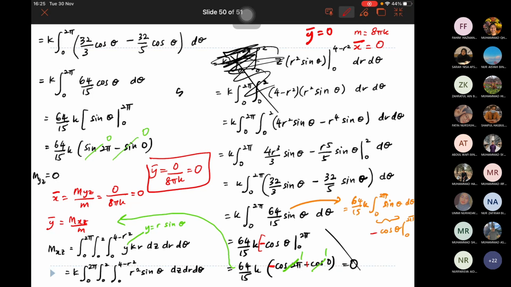Baru beberapa orang. That is done with this page. Okay, ramai kan? So kita tengok z bar pula.